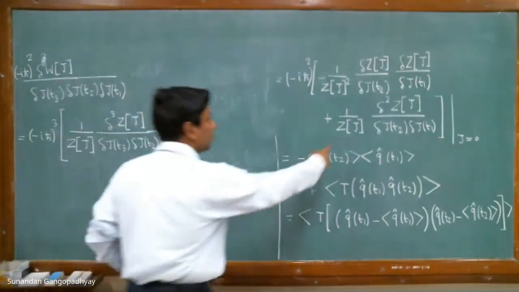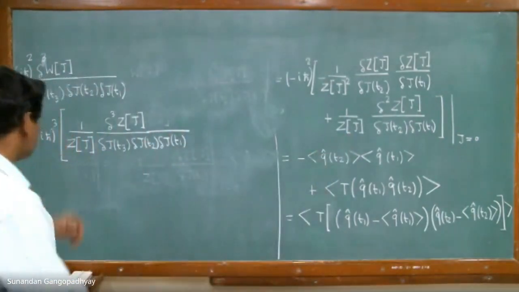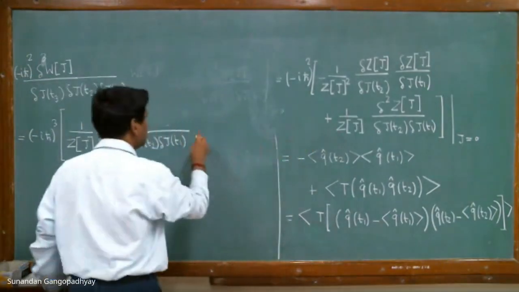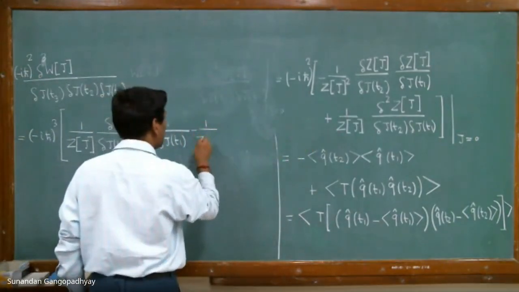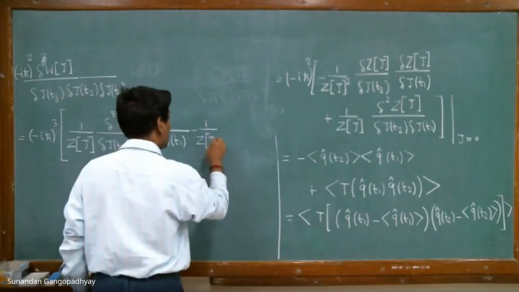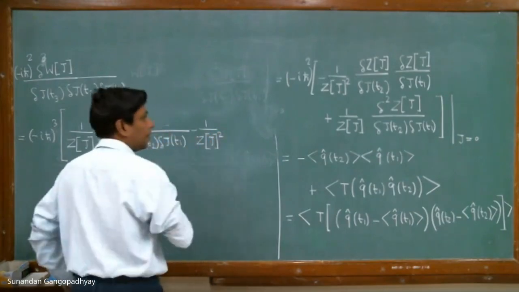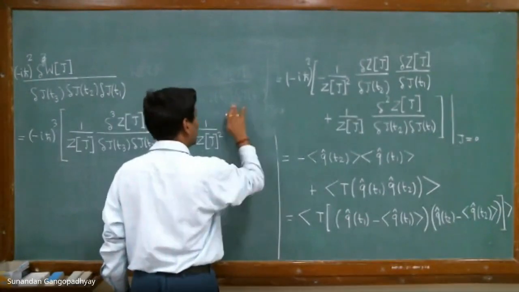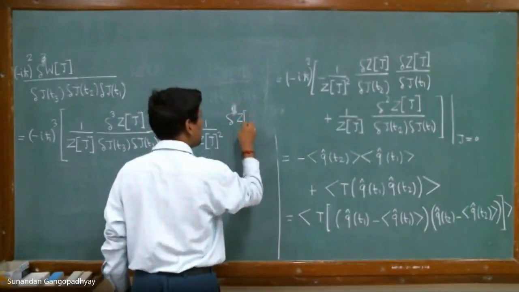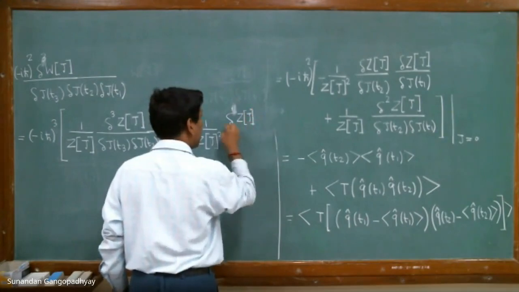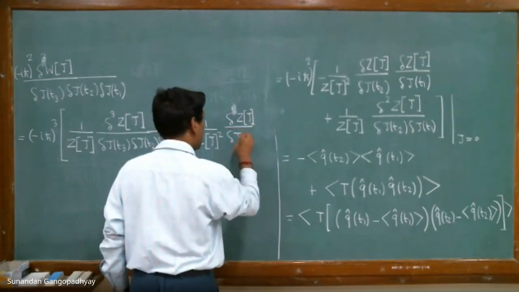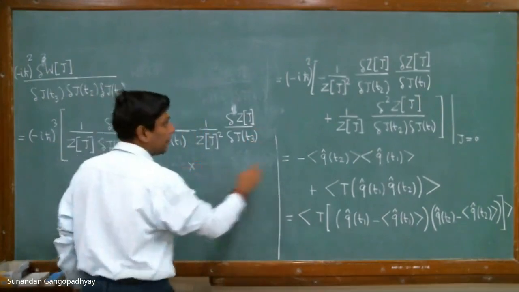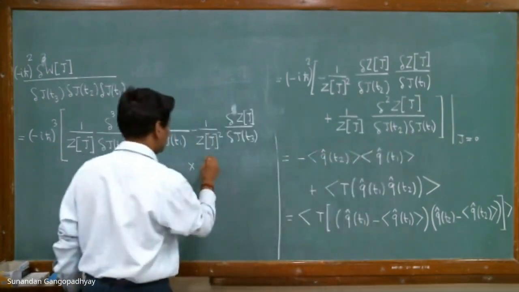So from this term you will have another term that is minus 1 by Zj square del 2 Zj del Zj del j at P3 times this factor.